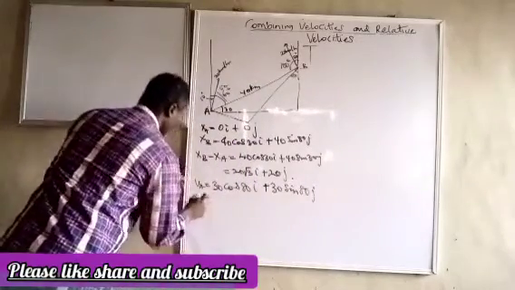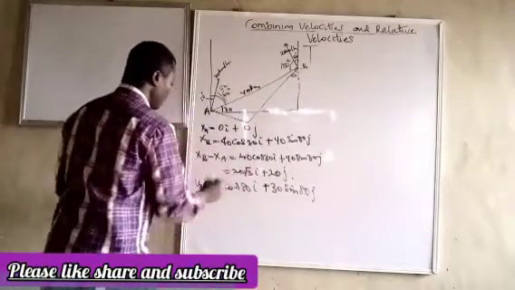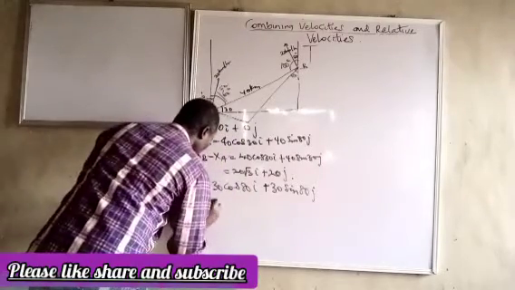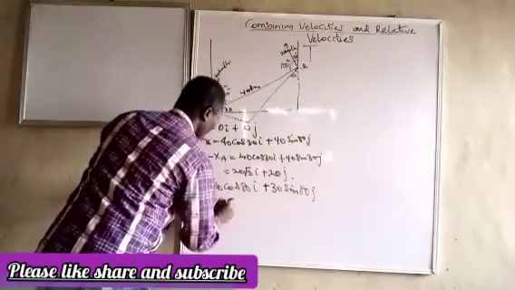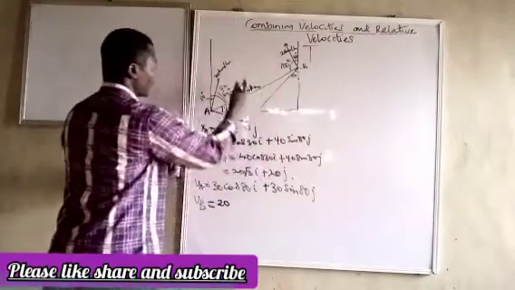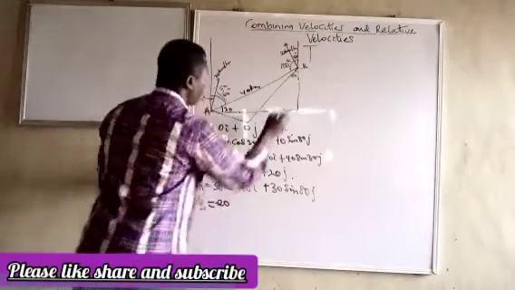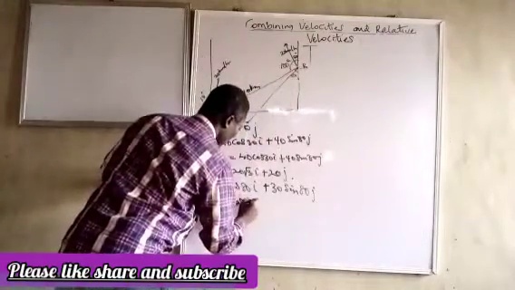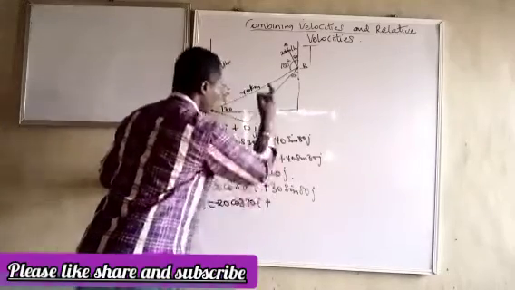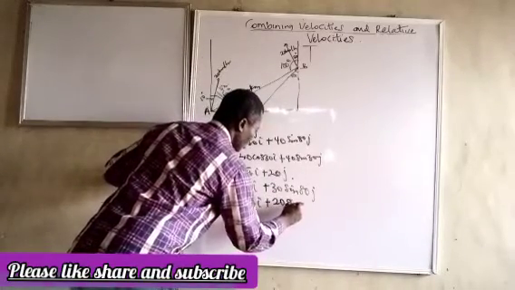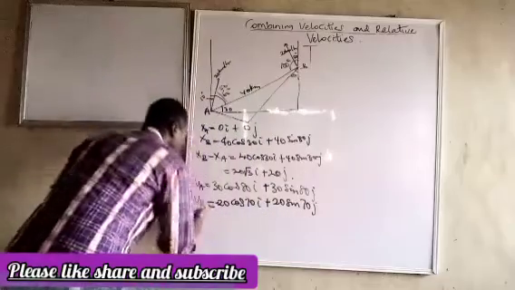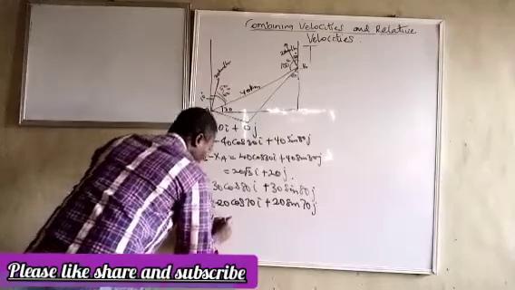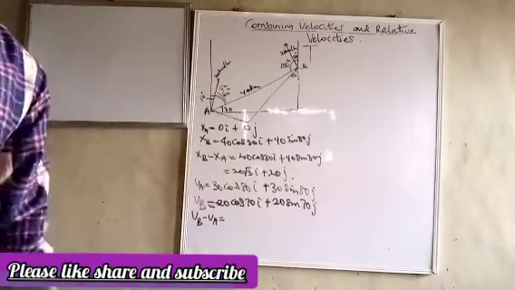VB is going to be 20, so all this place is minus 20 cos 70 i plus 20 sin 70 j. Now let's see the relative velocity, VB minus VA. Let me work that one out straight with the calculator.